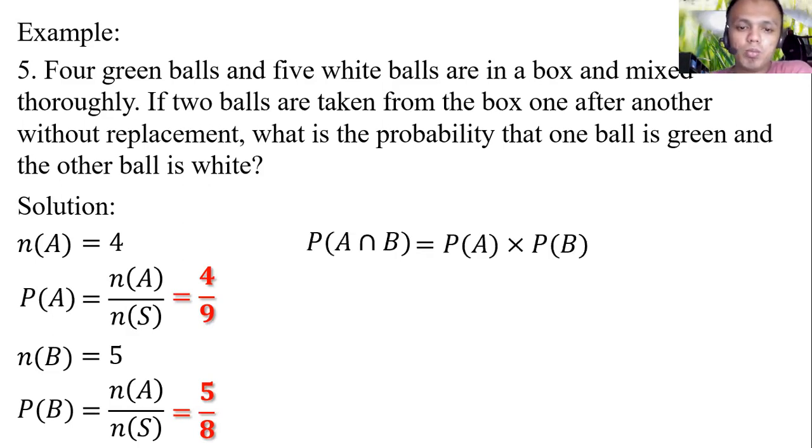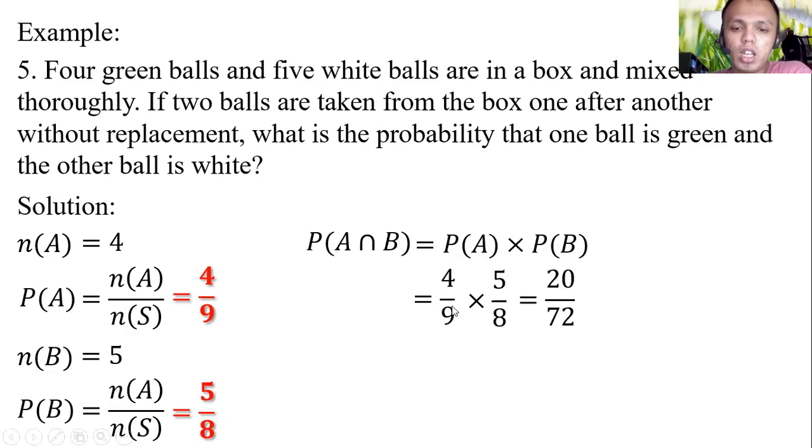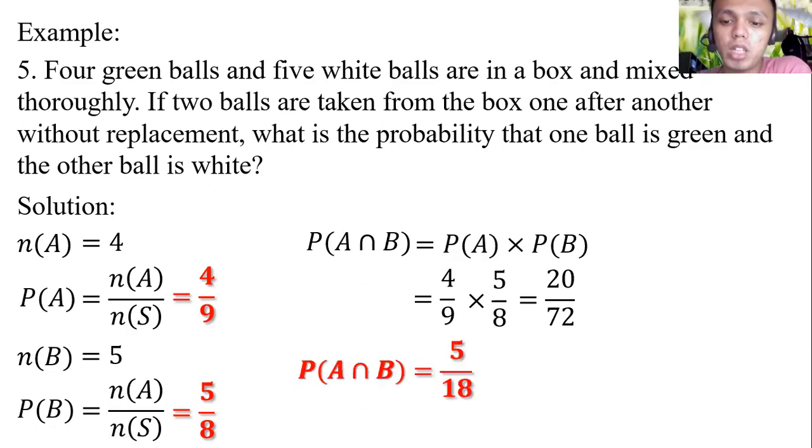Now, the intersection, we have probability of event A times probability of event B. Substitute, we have for A is 4 over by 9, your B is 5 over by 8. Okay? We have 5 times 4 is 20, 9 times 8 is 72. Get the lowest term, that would be equal to 5 over by 18.